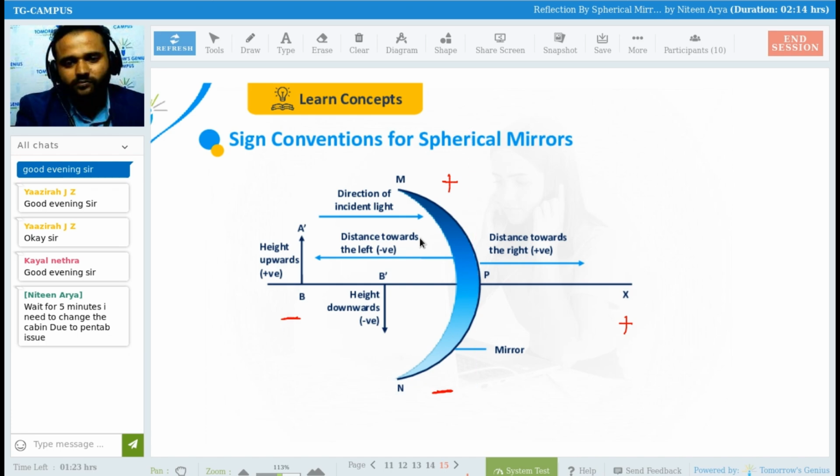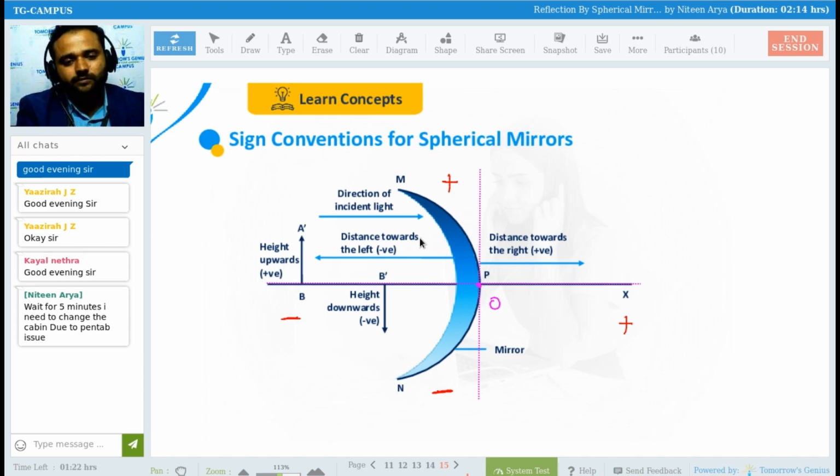We are going to assume the pole. That is big enough. So we are going to assume that particular pole. Okay, this is my pole. This particular pole P is taken as the origin. So if we take the pole as the origin, from it we are going to observe the height of the object and the height of the image.